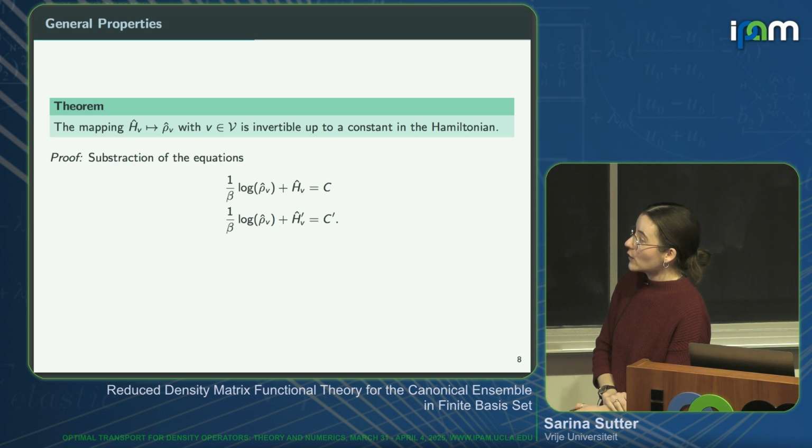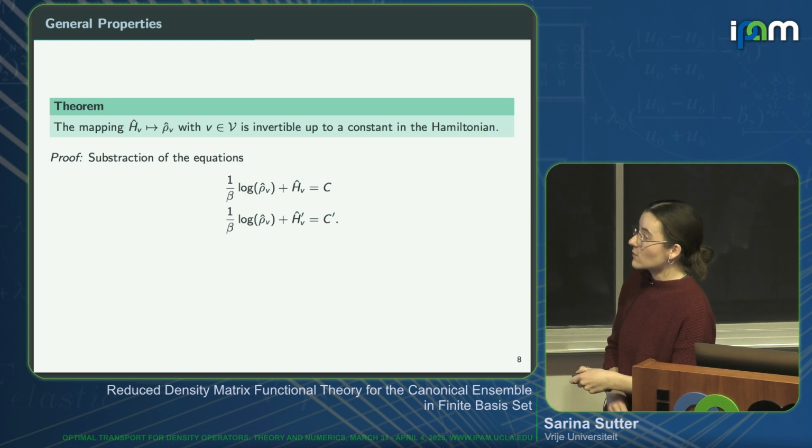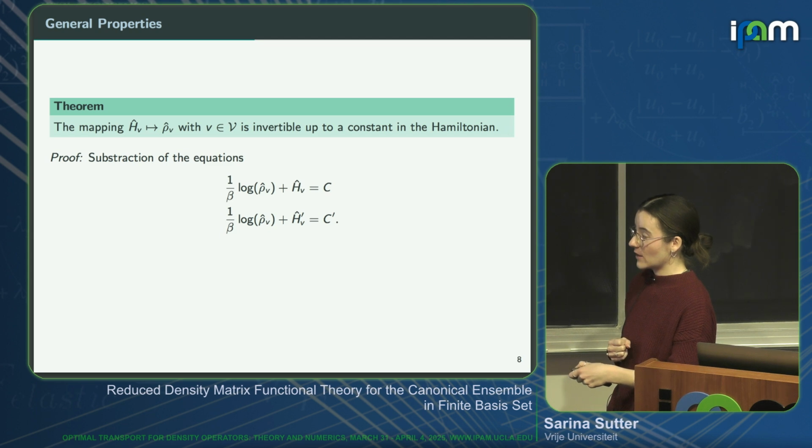We know that our Gibbs state fulfills the following equation. If we have a Gibbs state which is the Gibbs state for two different Hamiltonians, then it needs to fulfill both of these equations.